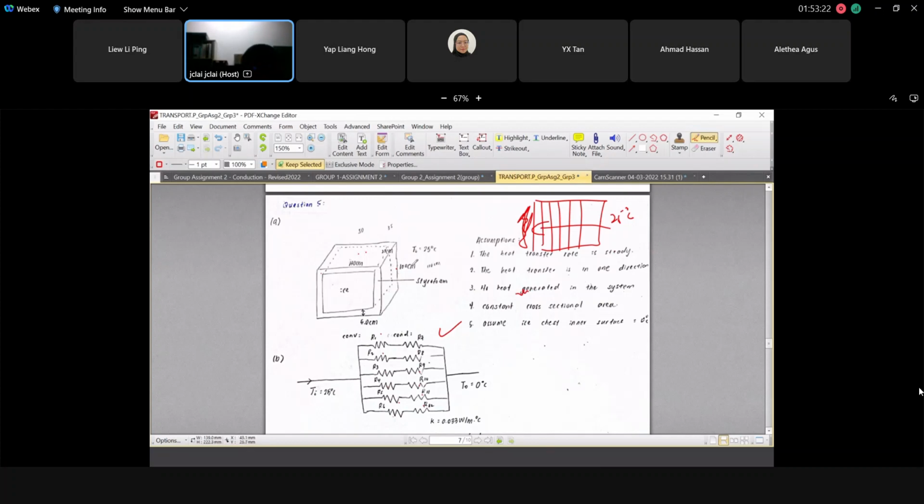But here, since heat is transferred from outside to inside through 6 different surfaces at the same time, it's not passed by one surface and then the next surface. All at the same time. That's why 6 surfaces. So this is the basic one, and it is correct.